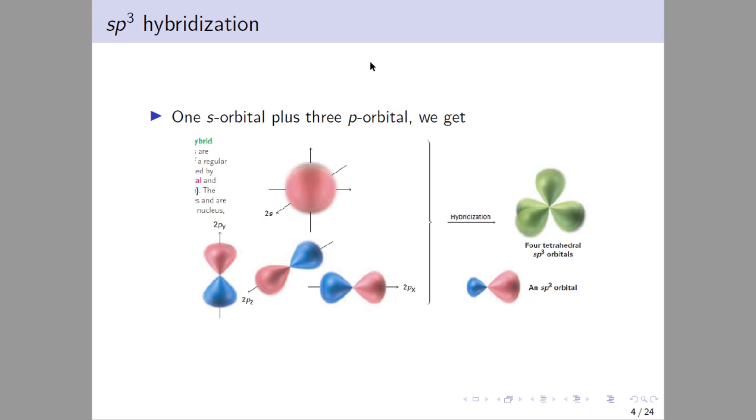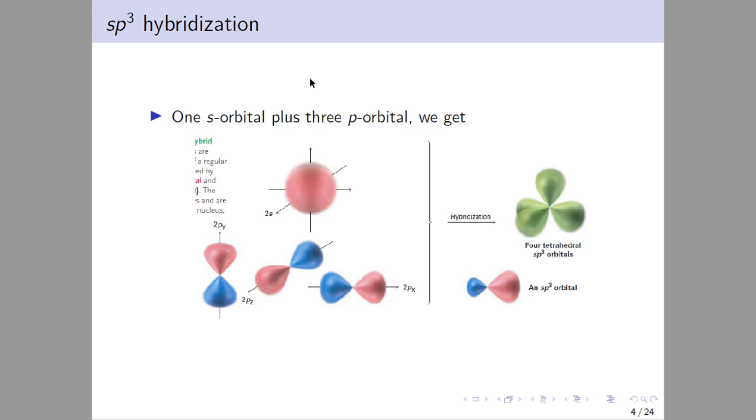When the electrons in these two orbitals, s and p, meet, it will produce hybridization. When one s orbital plus 3 p orbitals, let's say n equal to 2, we have 1s, 2s and 2p.